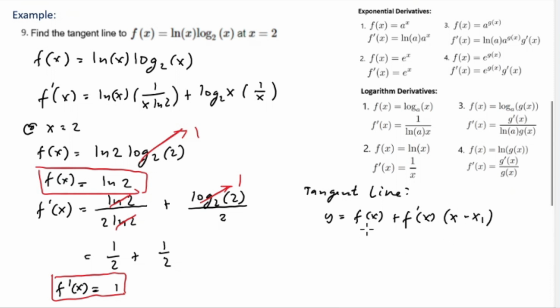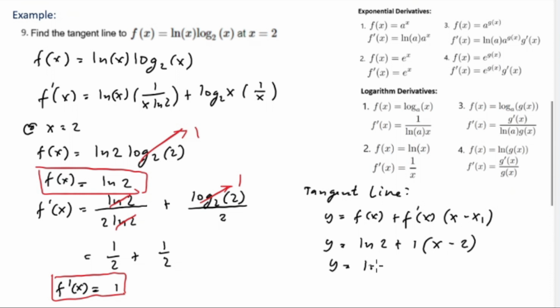We have f of x1 equivalent to ln of 2, f prime of x1 equivalent to 1, and x1 equivalent to 2. So y is equal to ln of 2 plus 1, multiplied by x minus 2.